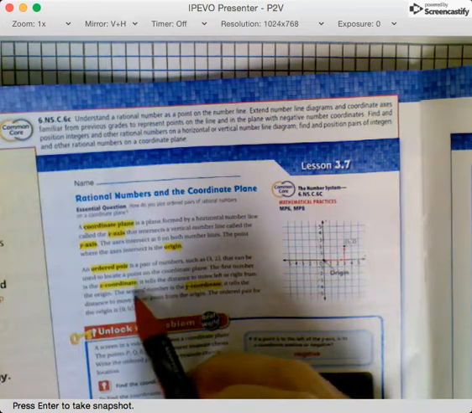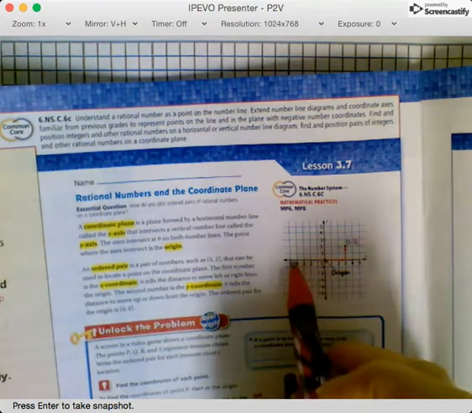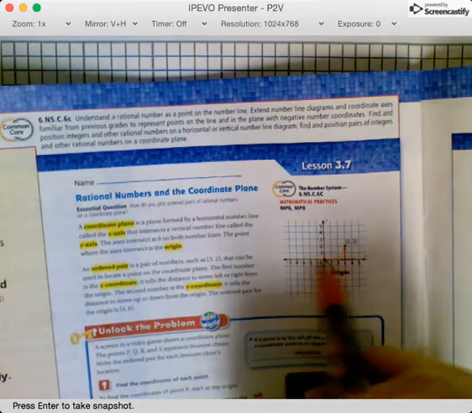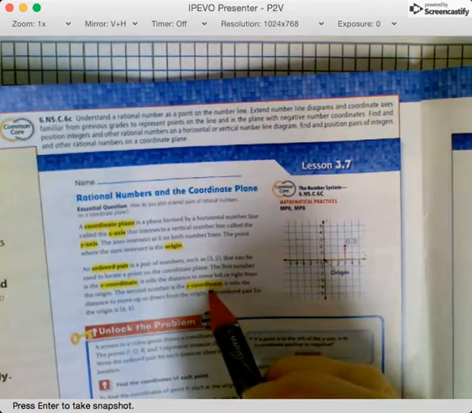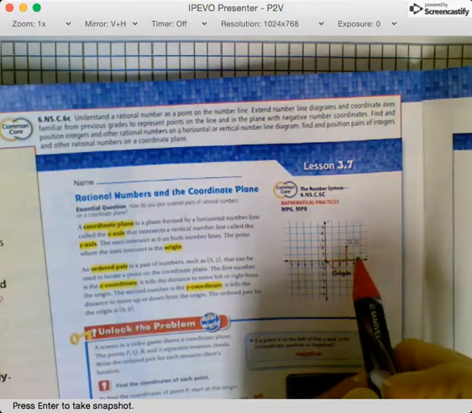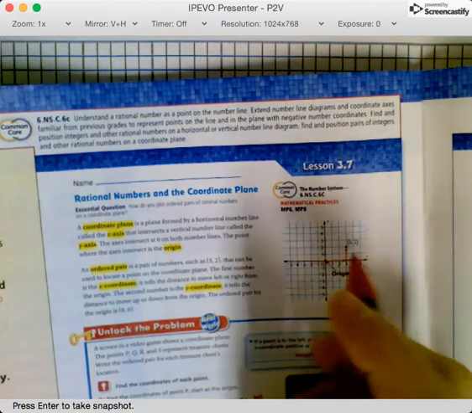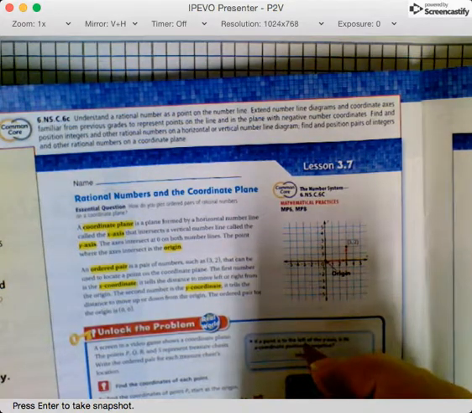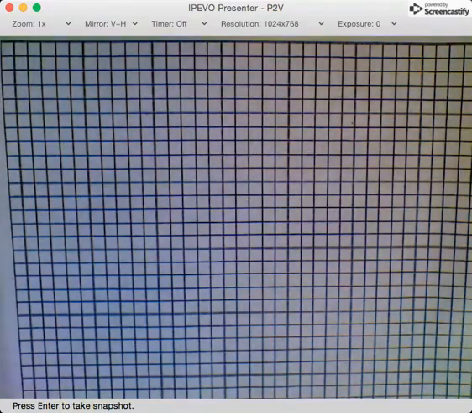The first number is called the x-coordinate. That shows you where you're going left to right. The second number is the y-coordinate, which is up and down. Okay, x comes before y in the alphabet, so x is the first number that you do when you are plotting a point.